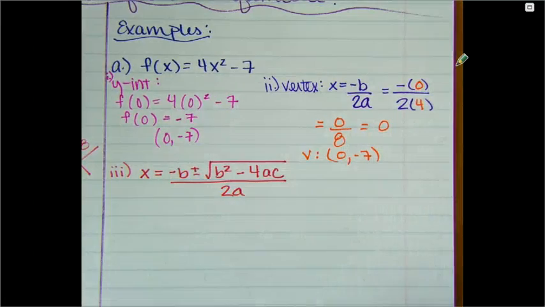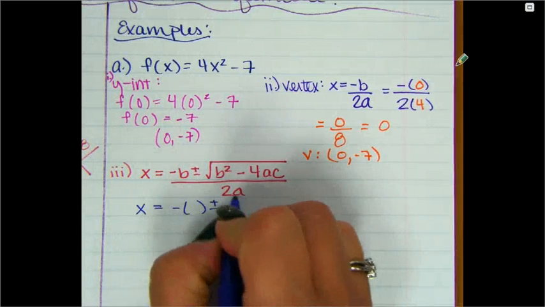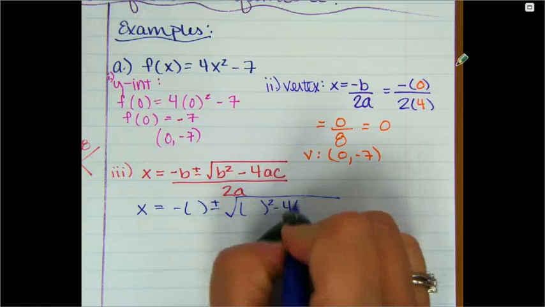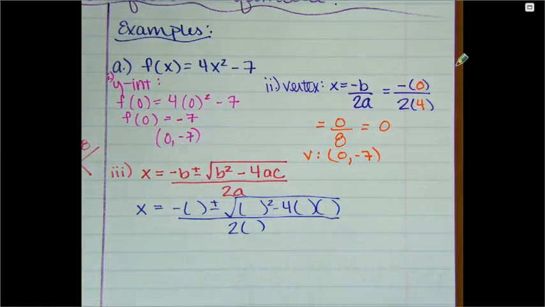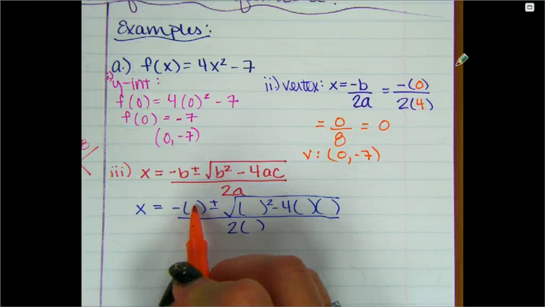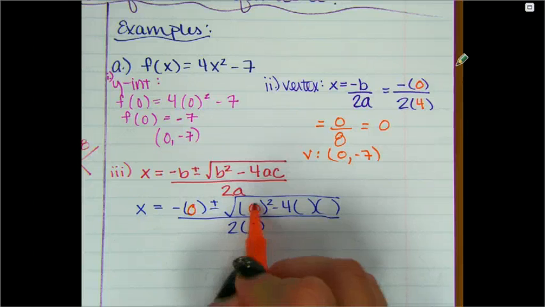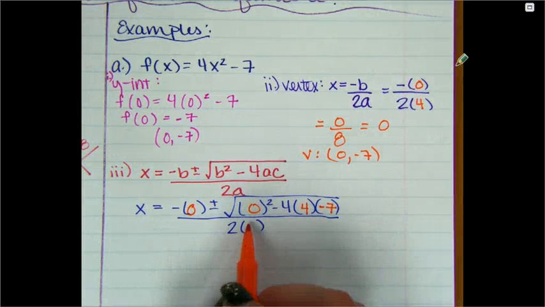Mm-hmm. I hope so. What goes here? First one. 0. Next one. 0. Next one. 4. Next one. Negative... And?